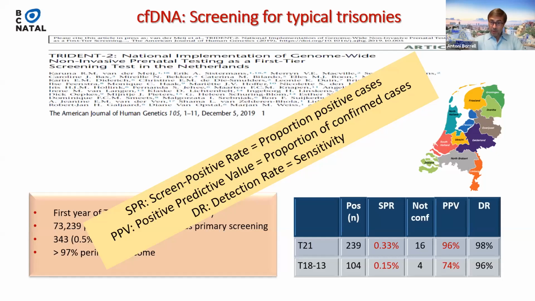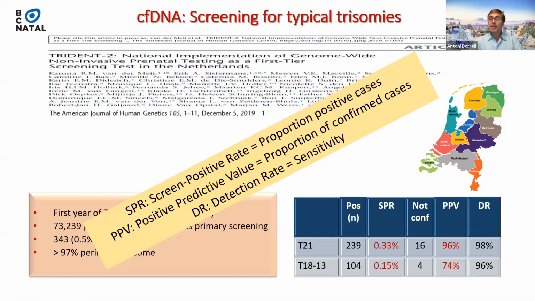The other value that we will compare when assessing the performance of cell-free DNA will be the positive predictive value. Let's say this is the proportion of confirmed cases among the screen positive cases. So if we have a 96% positive predictive value, it means that if you get a positive result, the chance of being a true positive is 96%, so very high. In trisomy 13 or 18, if you have a positive result, the chance of being really positive is 74%, intermediate.